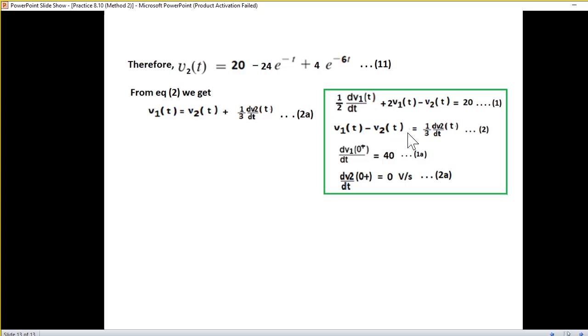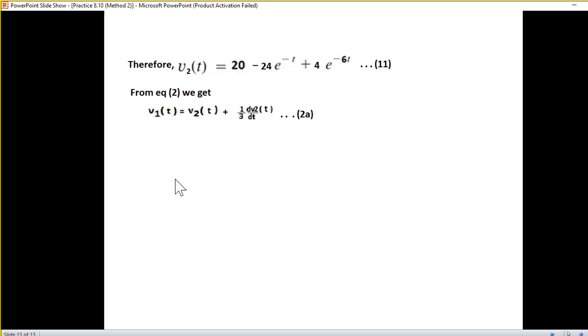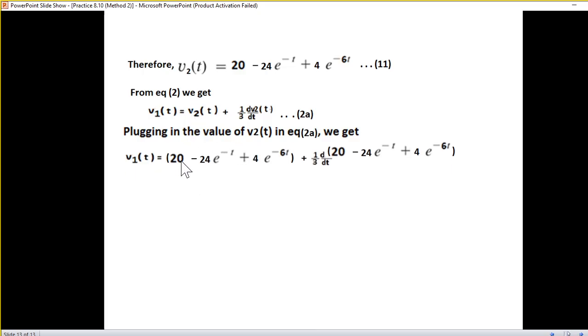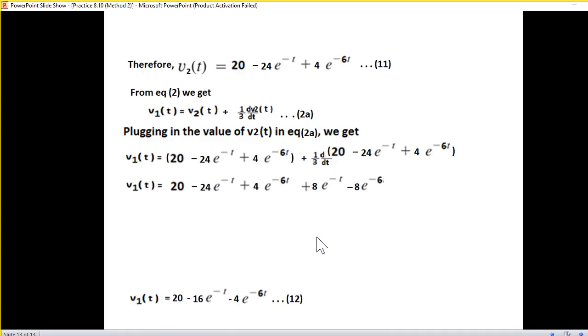From equation 2, we get V1 is equal to V2 plus 1 over 3 dV2 by dt. We know V2, so we'll plug in the values. Plugging in the value of V2 here and solving, the final value is 20 minus 16 e minus t minus 4 e minus 6t.